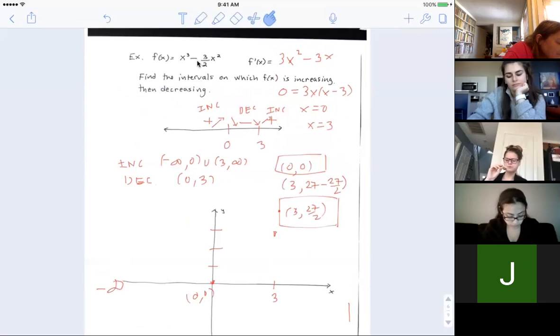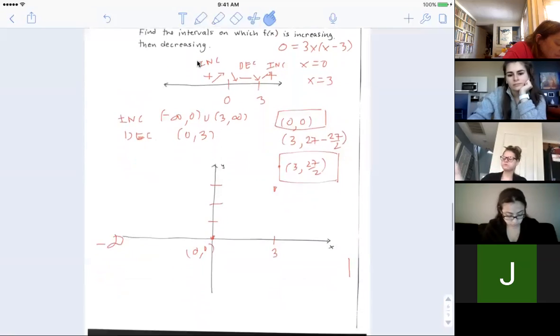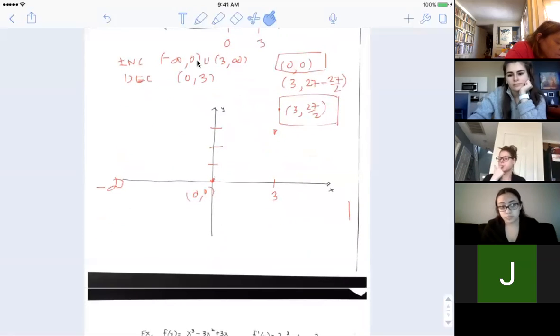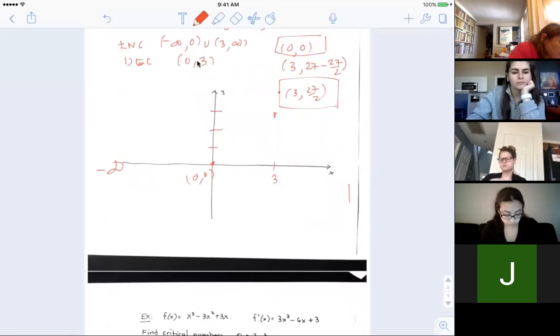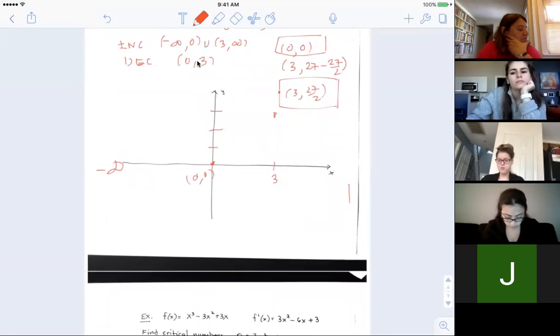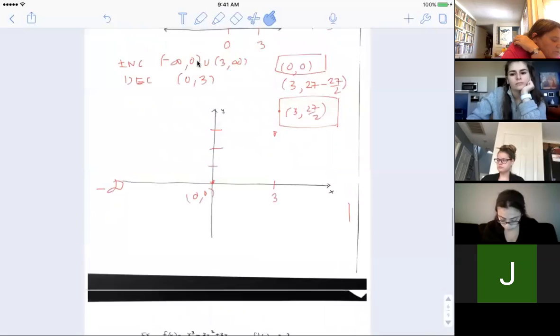That's negative. 0, 0 is on there, and 3, 27 halves is on there. So I've got increasing, and to that point. All right. So it may be increasing. Gosh, I just looked at this and now I'm getting messed up again. 0, 3, 27 halves. It's not that hard. Anybody see what I'm doing wrong here?